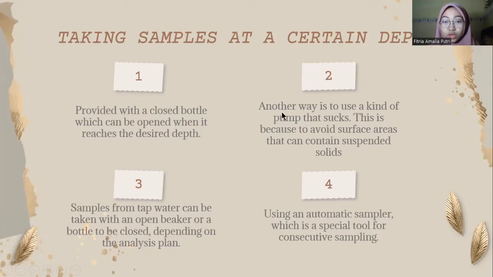And number two, another way is to use a kind of pump that sucks. This is to avoid surface areas that can contain suspended solids. The three, samples from tap water can be taken with an open beaker or a bottle to be closed, depending on the analysis plan. And then number four, using an automatic sampler, which is a special tool for consecutive sampling.